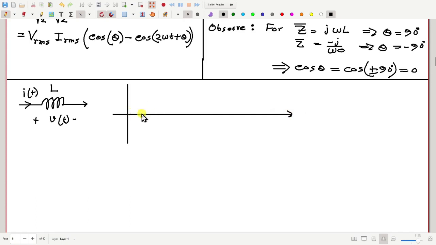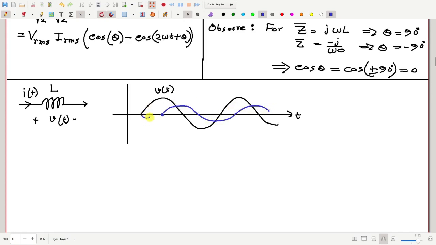suppose this is the voltage. How will the current graph look? We discussed it yesterday. The current will also be sinusoidal, but at a phase angle of 90 degrees from it.